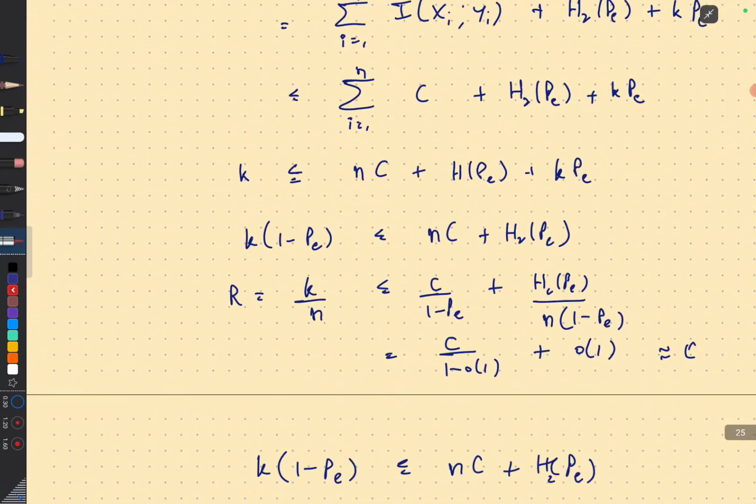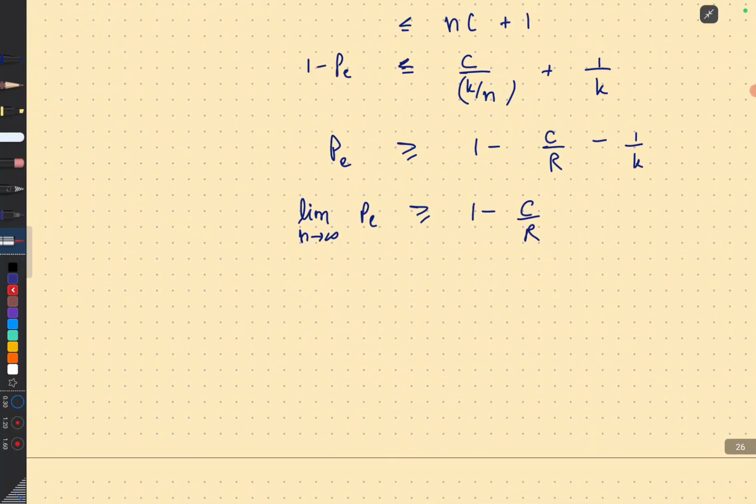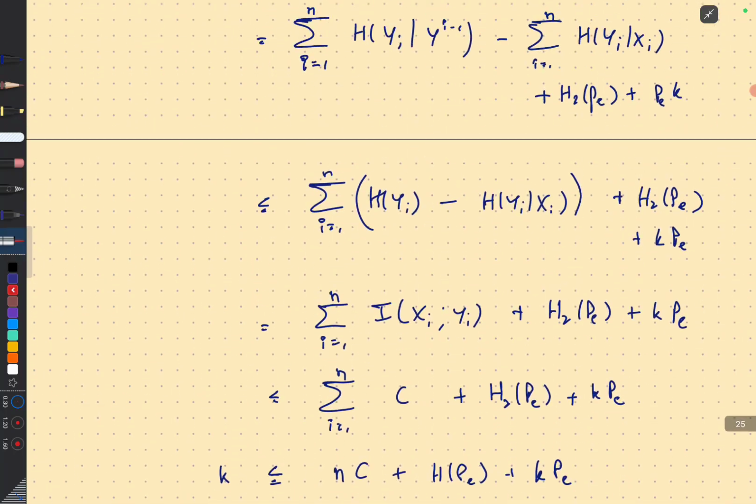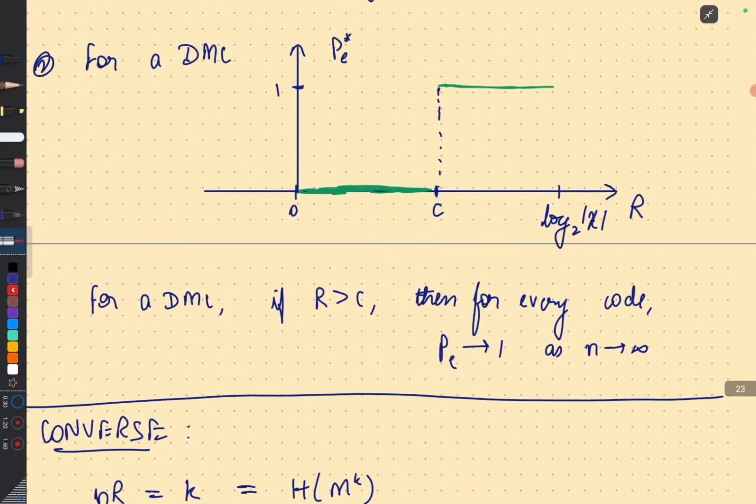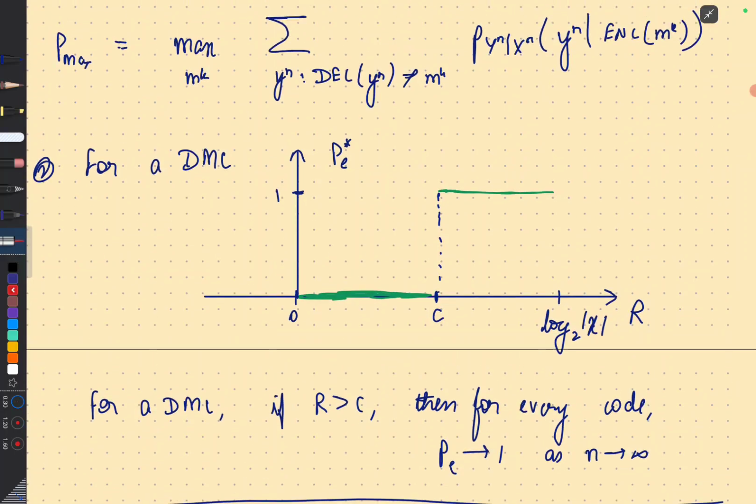But this lower bound is weaker than that. It only says that this is greater than or equal to 1 minus C divided by R, which basically means that it grows something like this.